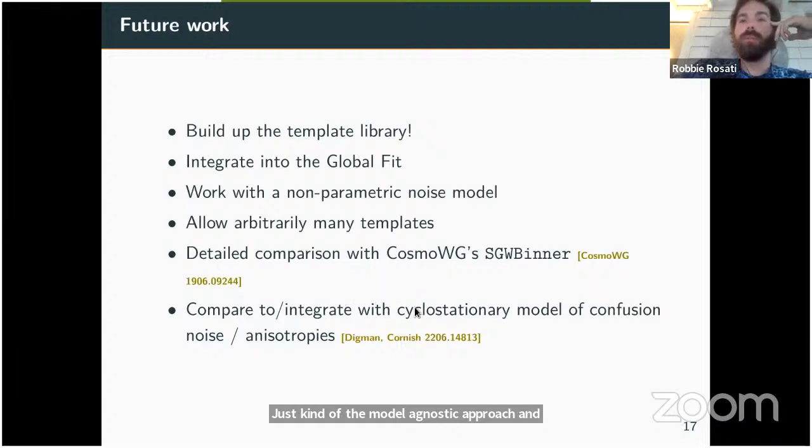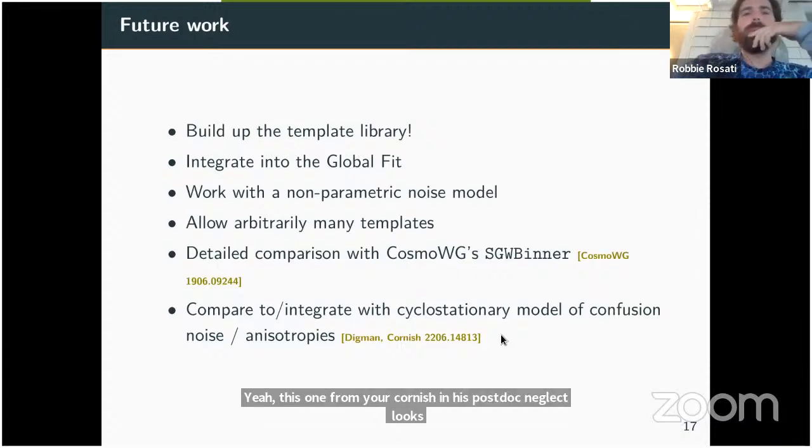And also there are more sophisticated models of the confusion noise and isotropic properties. This one from Neil Cornish and his postdoc, Max Digman, looks very interesting.